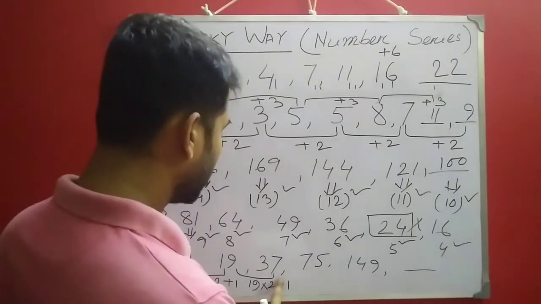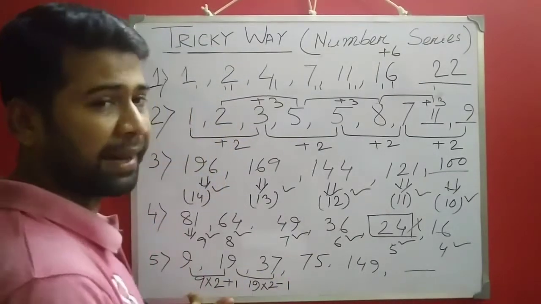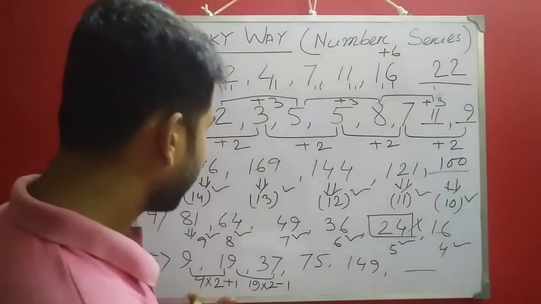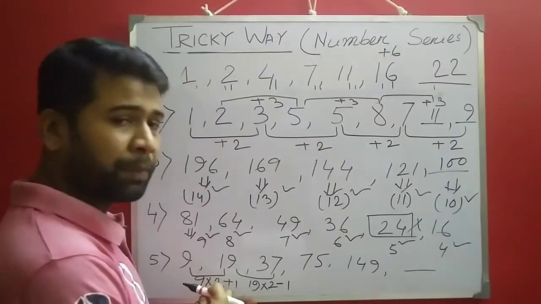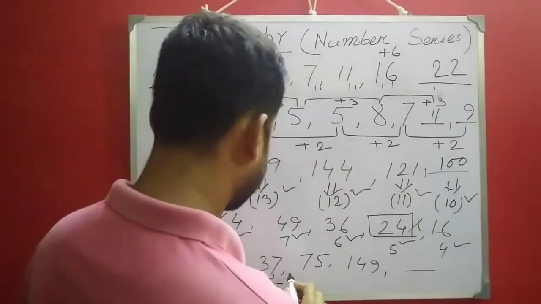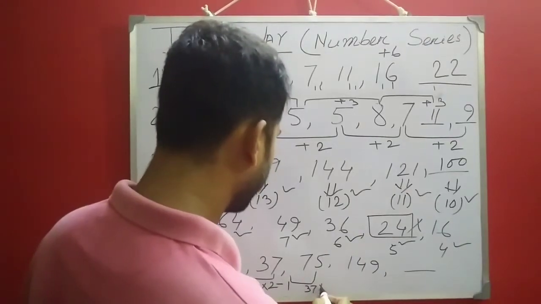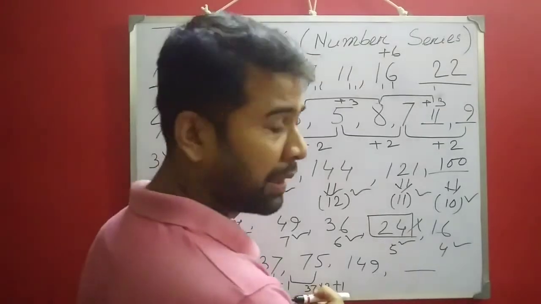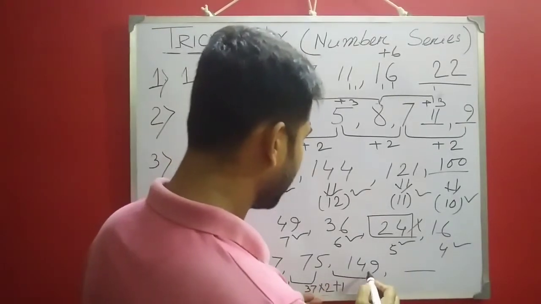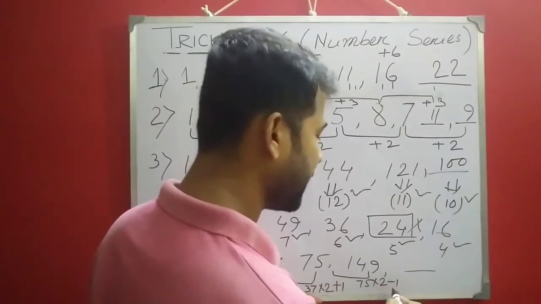So the value will be like that: 19 into 2 is 38, 38 minus 1, 37. So first plus operation, then minus operation. So basically it will be 37 into 2 plus 1. Clear? And it will be 75 into 2 minus 1.